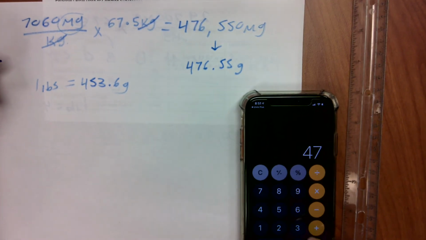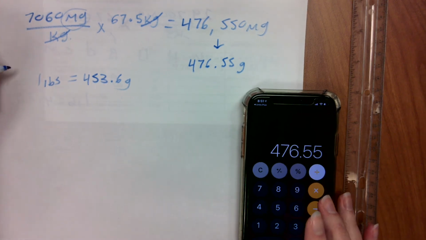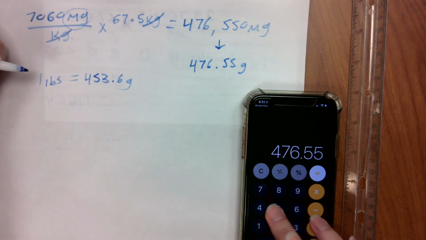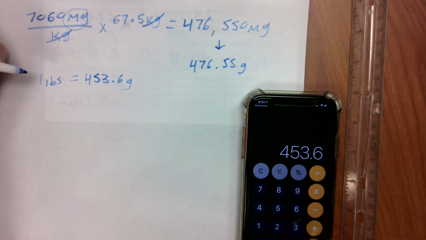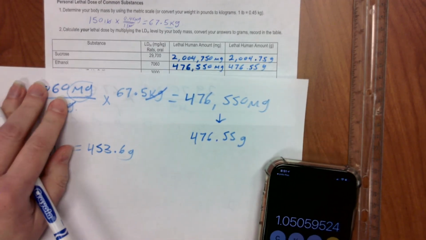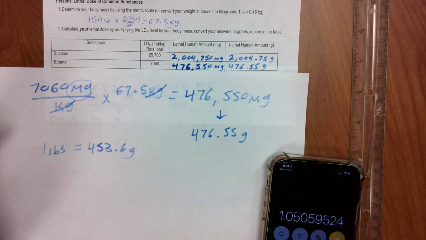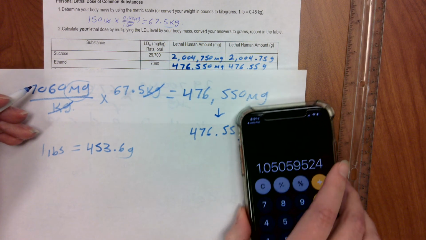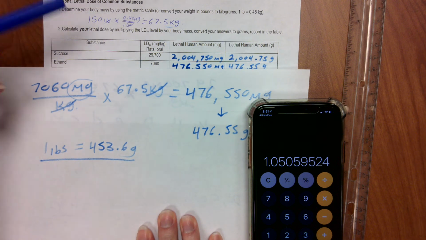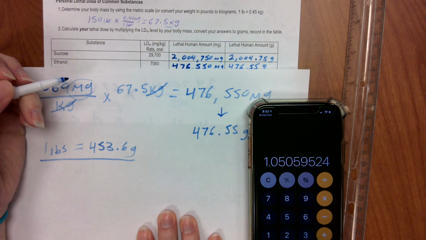So 476.55 divided by 453.6. In order to die from straight ethanol, not just beer, it would be about 1 pound of ethanol. That would kill 50% of your people if they weighed 150 pounds.